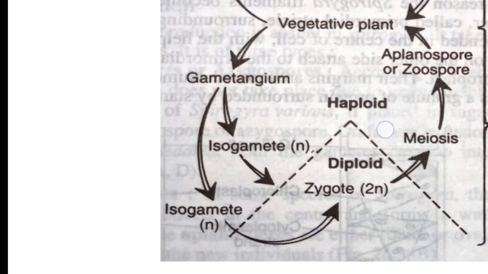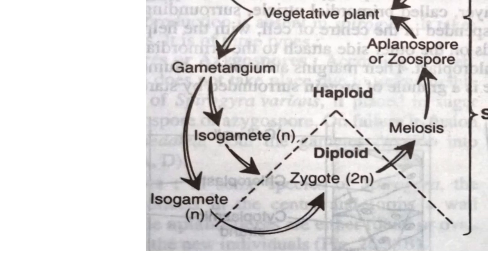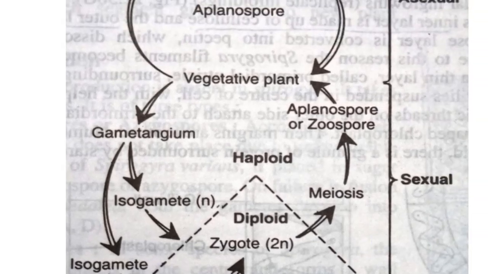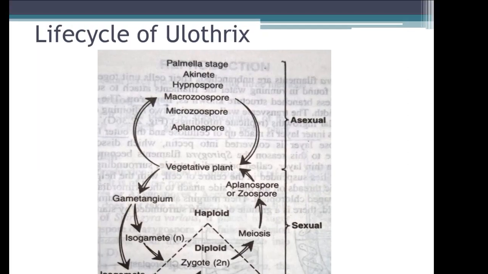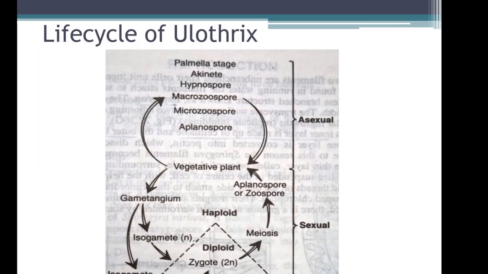And here, when the gametes, similar type of gametes, are fused, both zoospore-like, they will fuse to form the quadriflagellate zoospore and ultimately form the zygote, and the meiosis ultimately gives the new vegetative forms. This is all about this life cycle of Ulothrix.